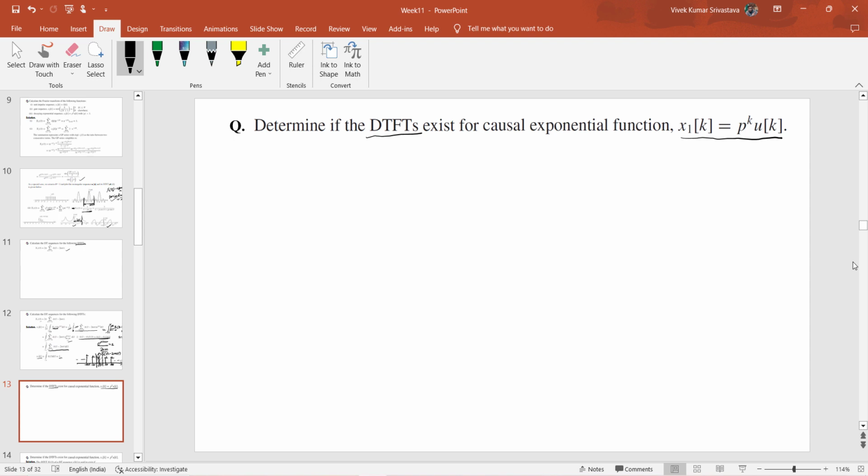So yeah, here we have to check whether the discrete time Fourier transform will exist for this causal exponential function or not. Okay, so for any discrete time Fourier transform to exist, basically the magnitude of x of omega should be finite, then only the discrete time Fourier transform will exist.